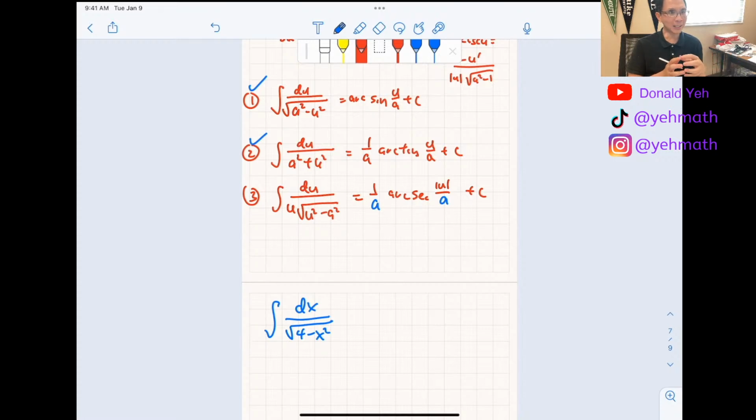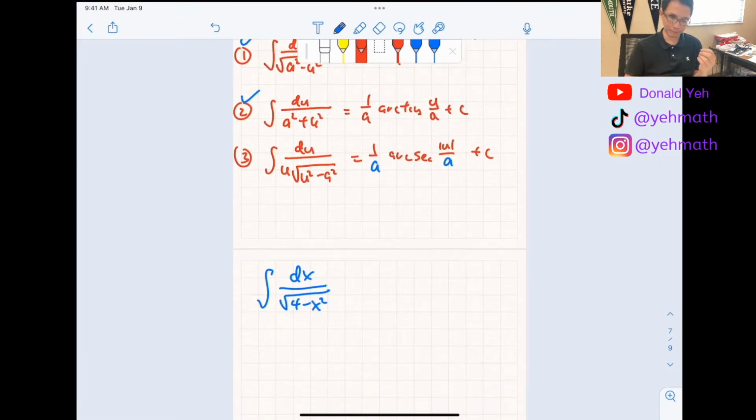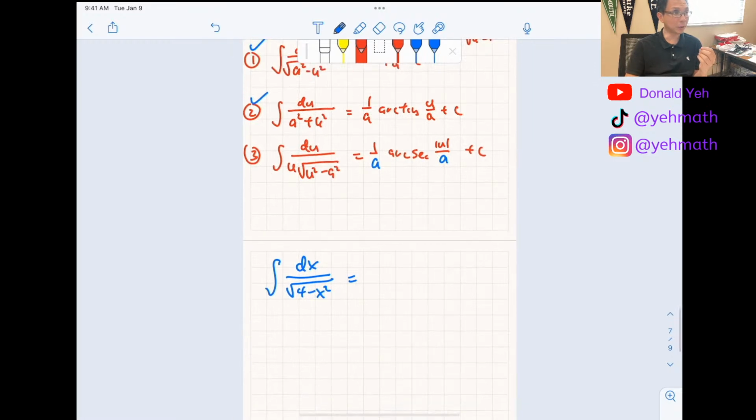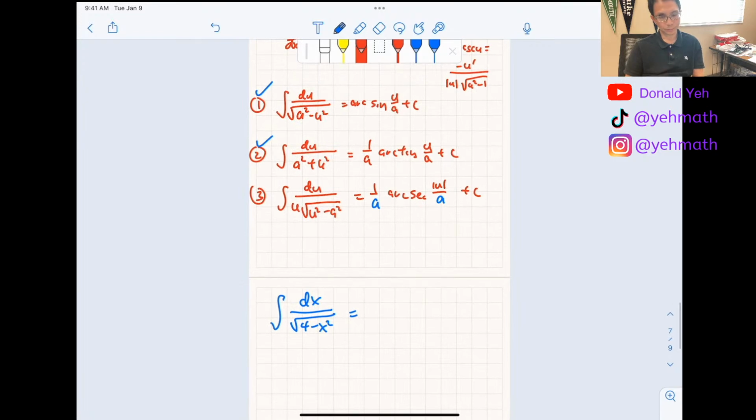The only slight difference is that a is no longer 1, because it was du over the square root of 1 minus u squared. But now it's a squared, that's the only difference. So I want you to integrate this by yourself and see what you get. Just by looking at the formula, see if you can go back.